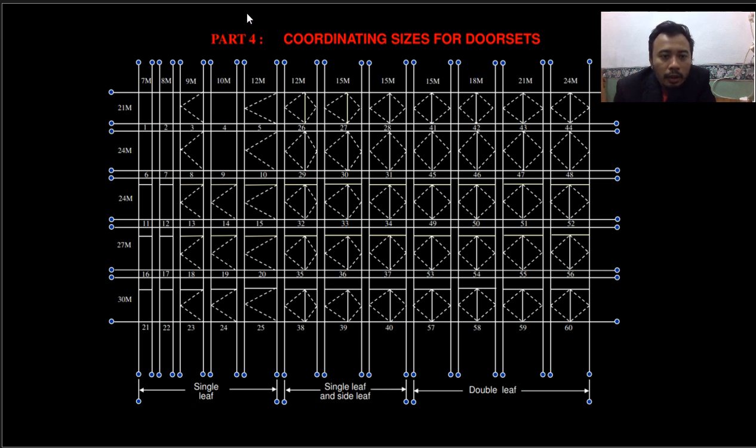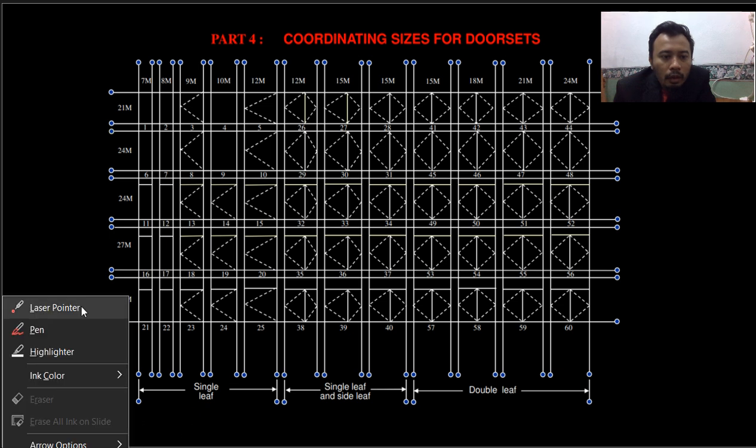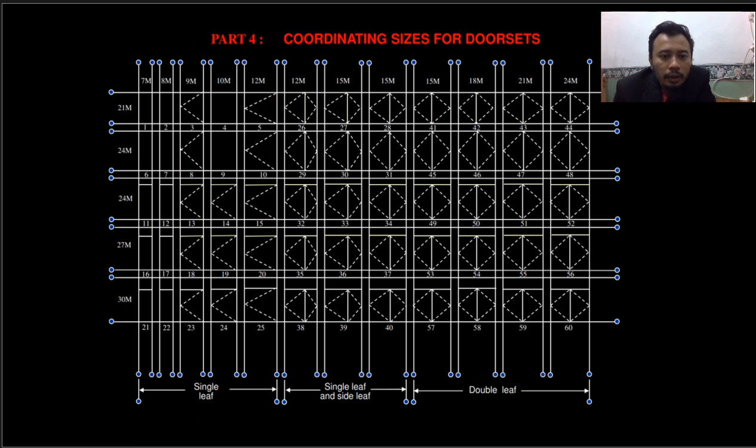The first group is single leaf, and then the second group is single leaf where you have a big leaf and a side leaf, a smaller door. You have encountered this many times, I'm sure. And then double leaf, where you have door leaves of the same size.